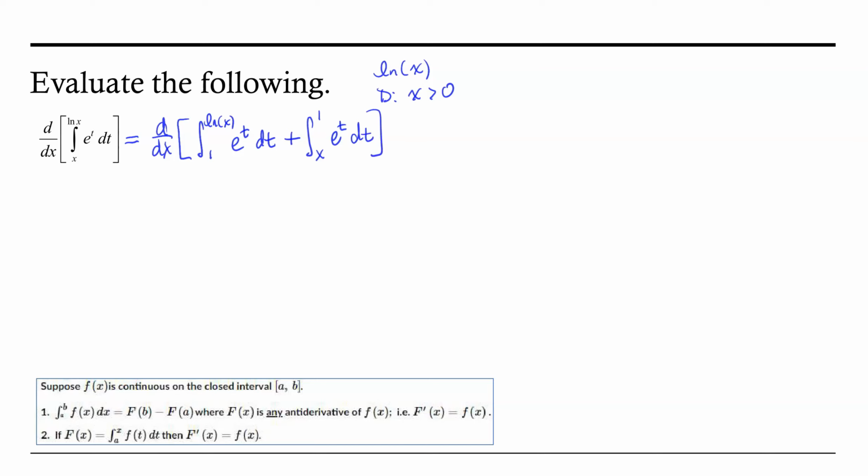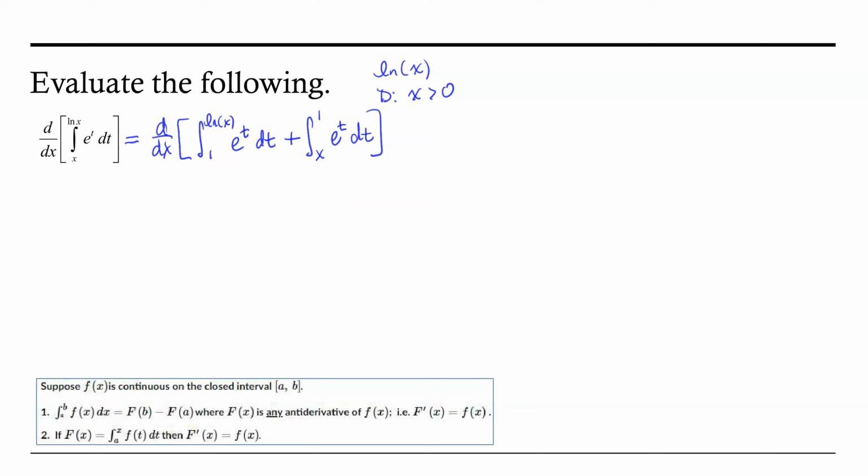Now I just want to remind you again, we're taking advantage of that property of definite integrals that says when the lower limit of one integral matches the upper limit of the other and they have the same integrand, both conditions must be satisfied, then this is the same as the integral from x to the natural log of x, e to the t dt, which is the original function we're trying to find the derivative of.